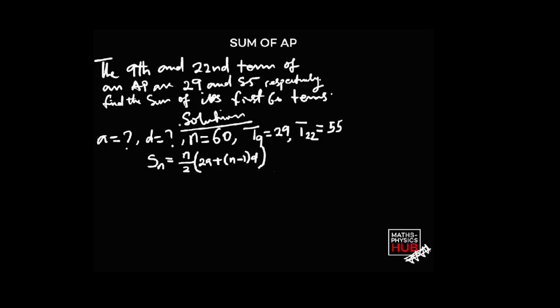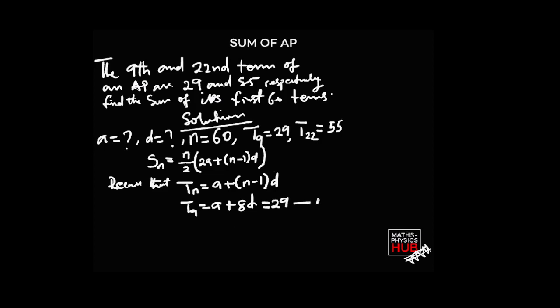Let's come back to what we are given. Recall that the nth term of an AP is given as a plus n minus 1 times d. So for the 9th term, T9 equals a, which we don't know, plus 8 of the common difference, and this equals 29.